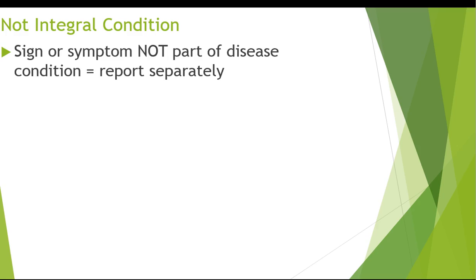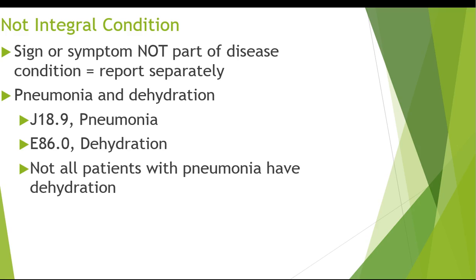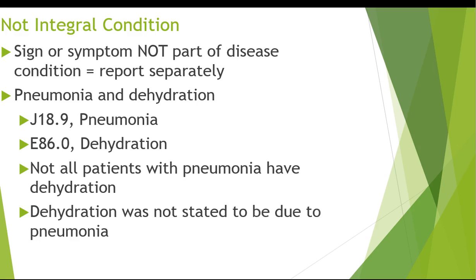Now, when the symptoms and the signs are not due to the diagnosed condition, then you are going to code all of that. For example, you have a patient that has pneumonia and dehydration.